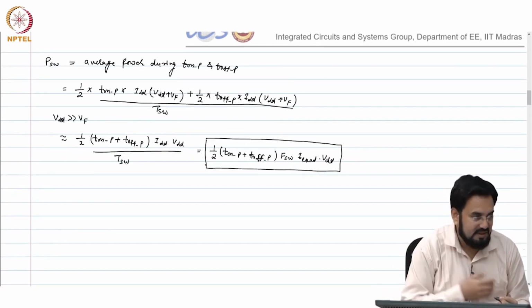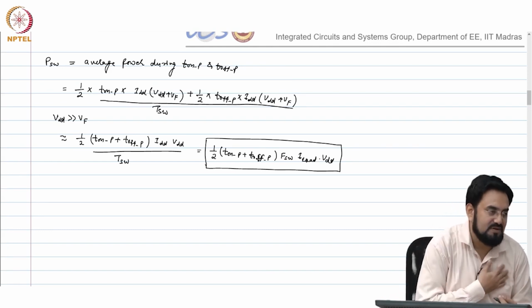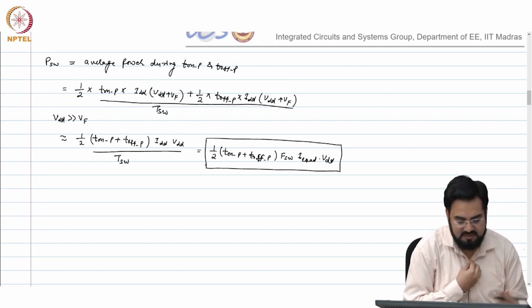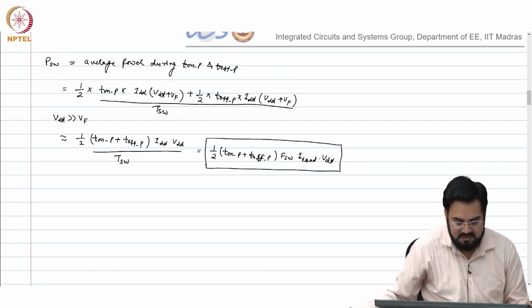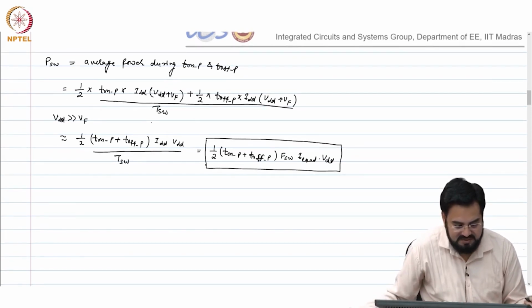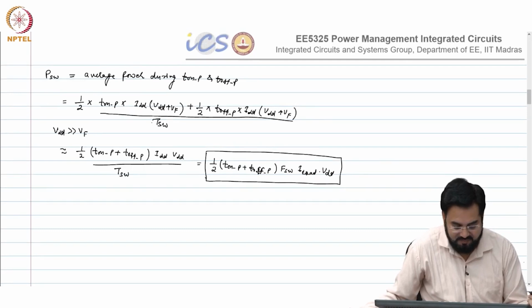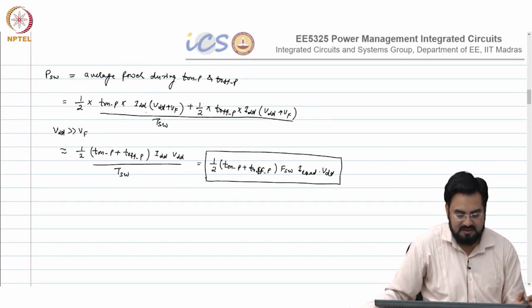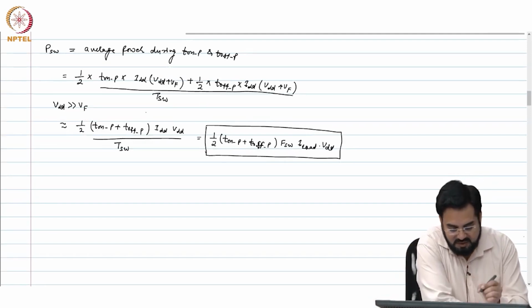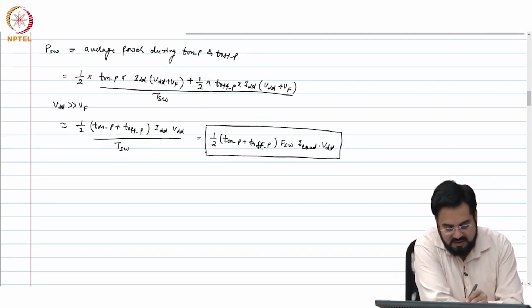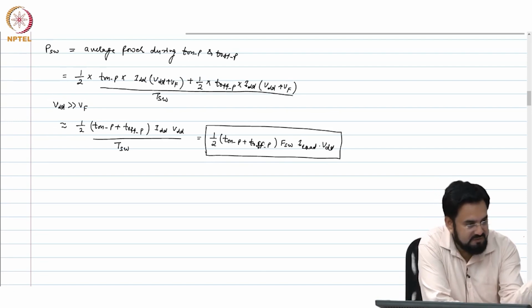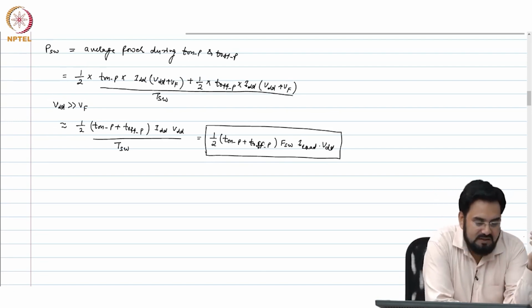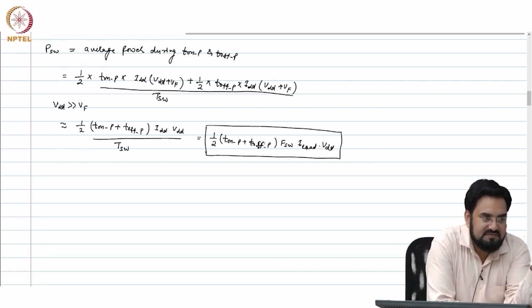So, let us say VDD is 10 volt, then VF may be a small fraction of that, then you can ignore it, will not affect your efficiency that much, but if VDD is let us say 1.8 volt or so, then you have to take that into account. So, this T on P and T off P you can calculate from your simulation, or if you are using external FET, then most of the time data sheet will specify that.